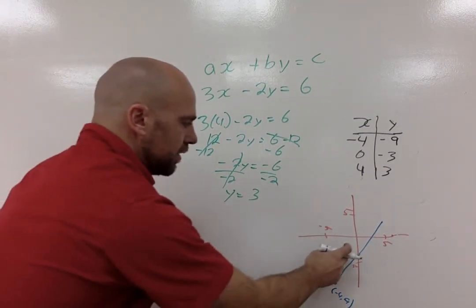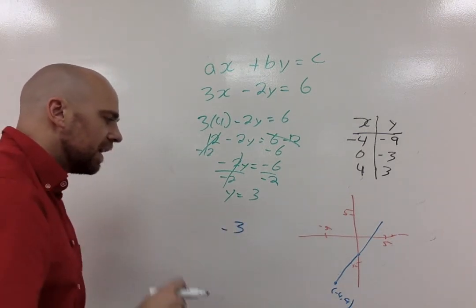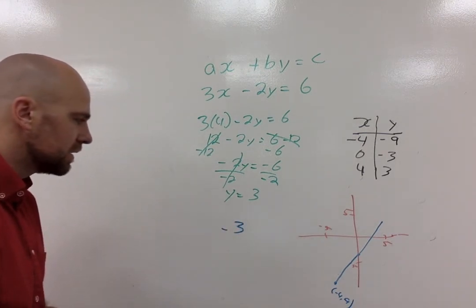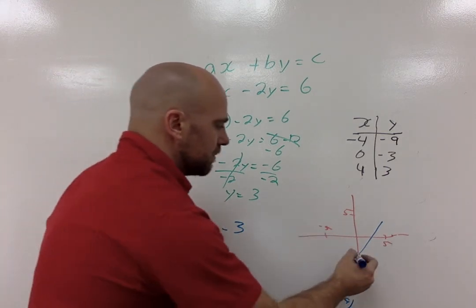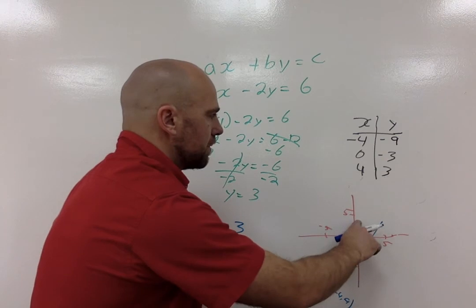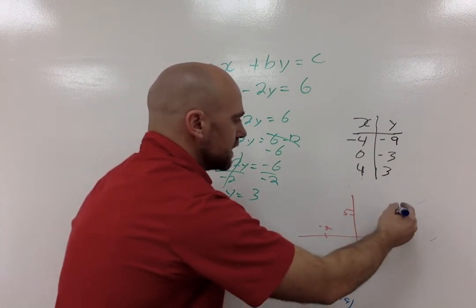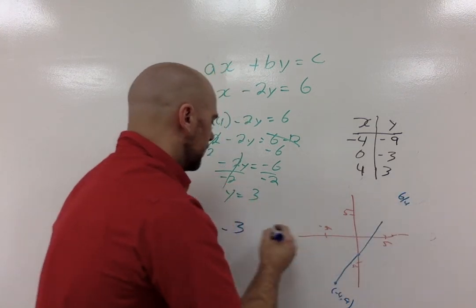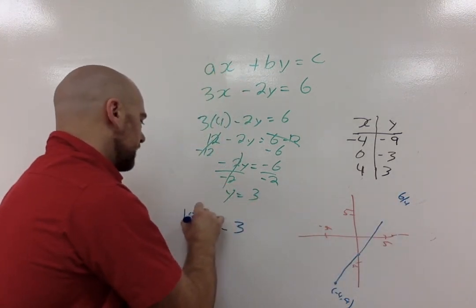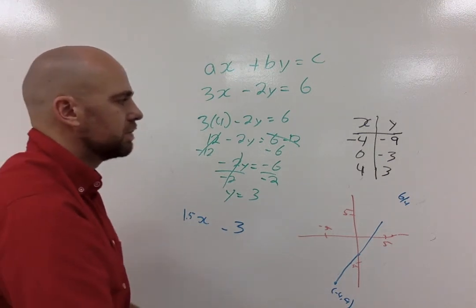I know that it's crossing through at -3, so -3 is going to be my numerical coefficient. Basically what I'm doing is trying to calculate my rise over my run. In this case it goes up by 6 over 4, so it's going to be 1.5x minus 3. So what did I do there?